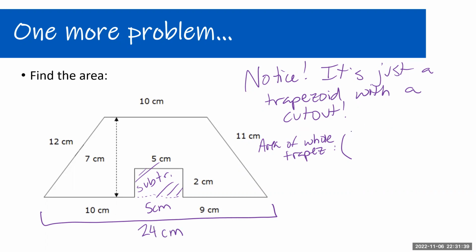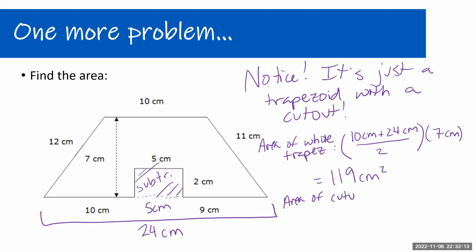So if we do 10 centimeters plus 24 centimeters over 2 times that height, which is 7 centimeters, that is going to give us 119 centimeters squared.